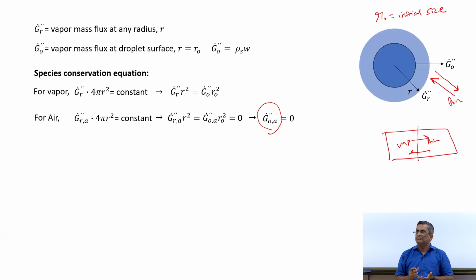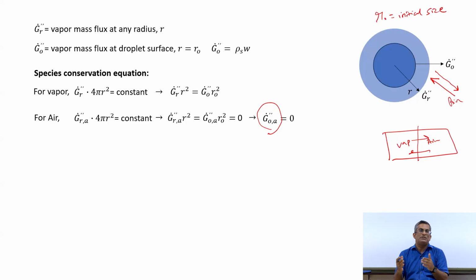What causes the vapor to move outward direction? Because of diffusion. But what causes diffusion? Gradient in the concentration of vapor. This is what is Fick's law of diffusion.